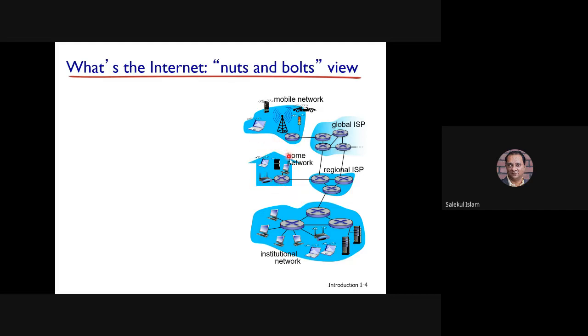If you are connected through a mobile phone, that means you are using the network on the top, and I am using broadband for sure, so I am using this network.